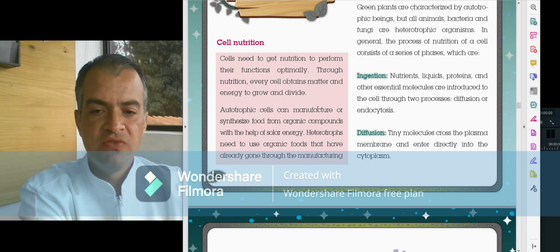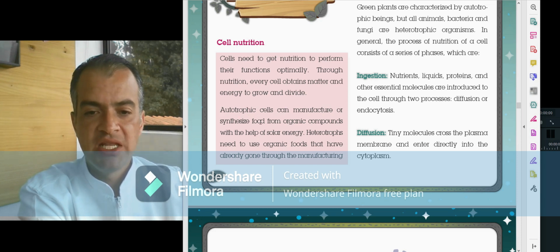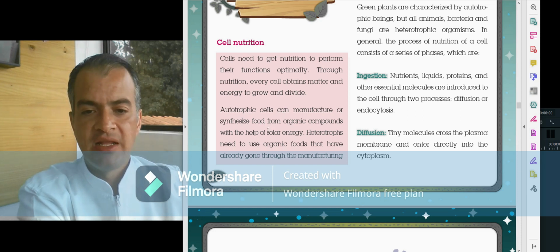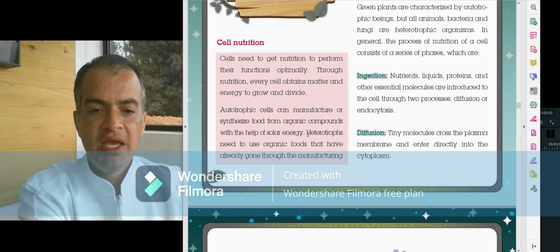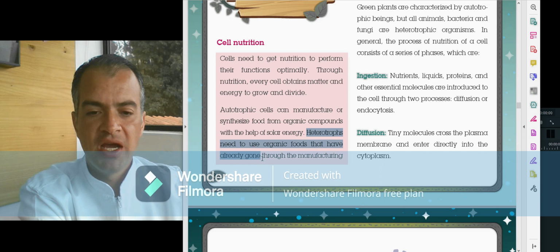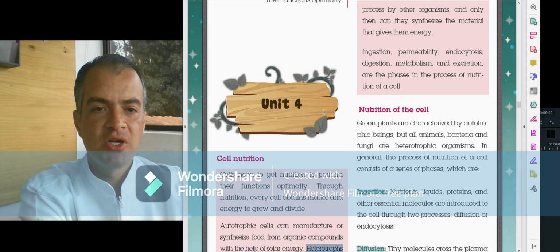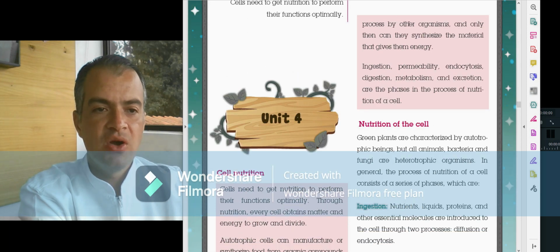Autotrophic cells can manufacture or synthesize food from organic compounds with the help of solar energy. Las células autótrofas pueden manufacturar o sintetizar los alimentos de compuestos orgánicos con la ayuda de la energía solar. Heterotrophs need to use organic food that have already gone through the manufacturing process by other organisms.